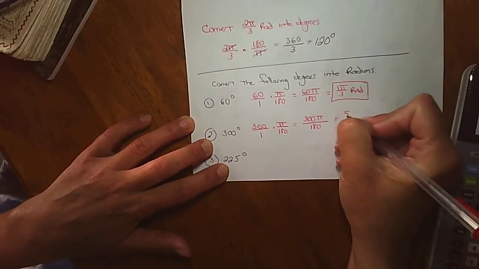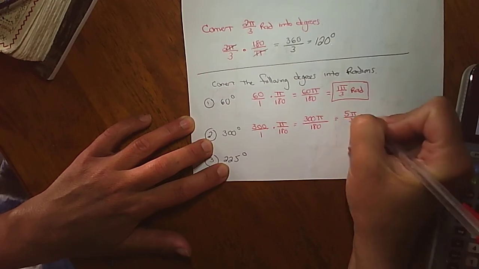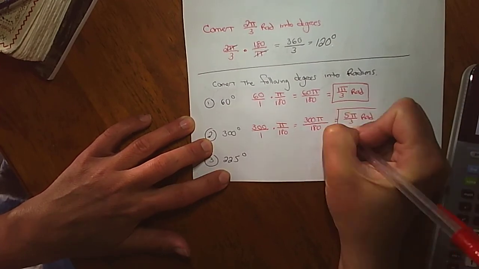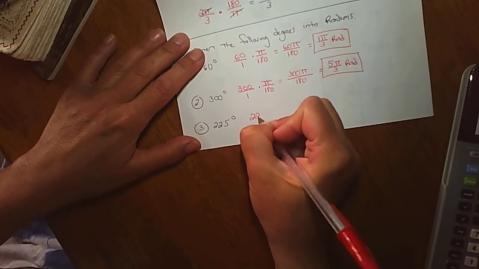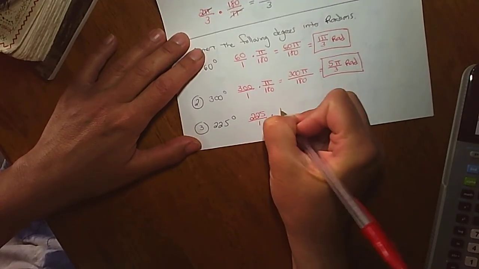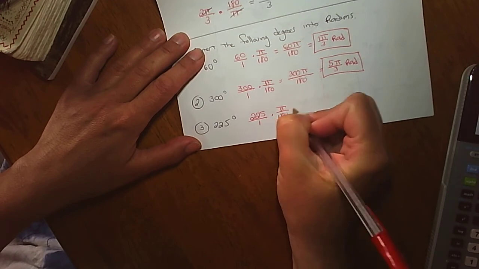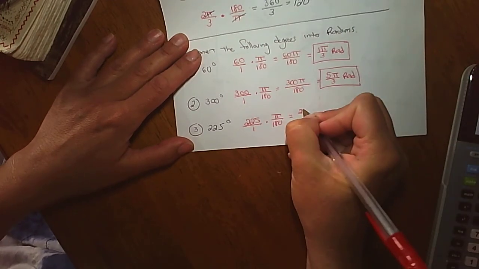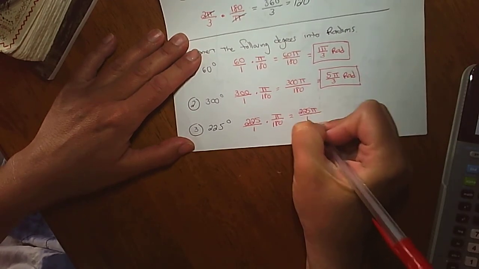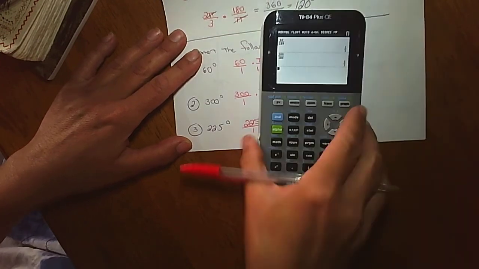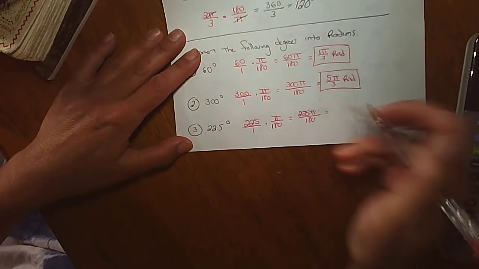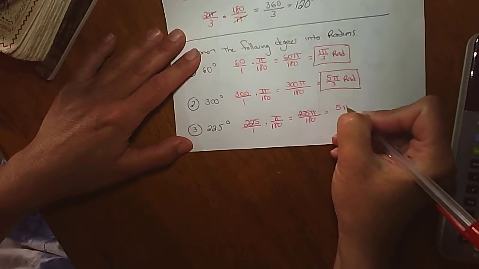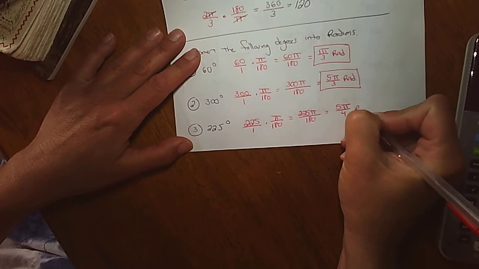So that makes 5 pi over 3 rad. Okay. And this would be 225 over 1 times pi over 180. So that's 225 pi over 180. Use our calculator again. Fraction button. 225 over 180. It reduces it to be 5 over 4. So I'm going to write 5 pi over 4 rad.